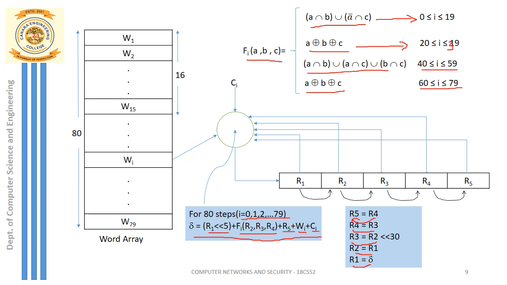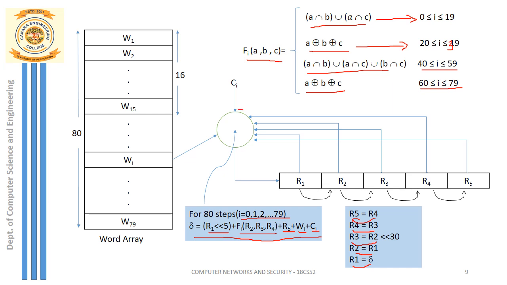So once we finish the 80th step, the content of R1, R2, R3, R4, R5 will be the required 160-bit message digest with respect to the SHA-1 algorithm. Each register will store a 32-bit word, and the total 160-bit message digest will be received after completing the 80th step.